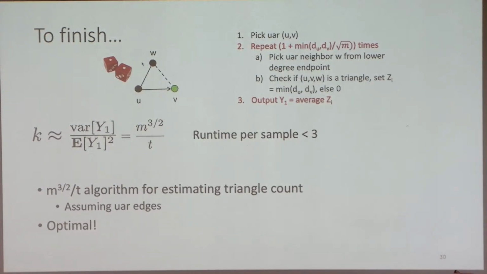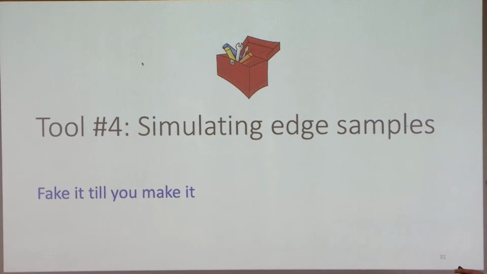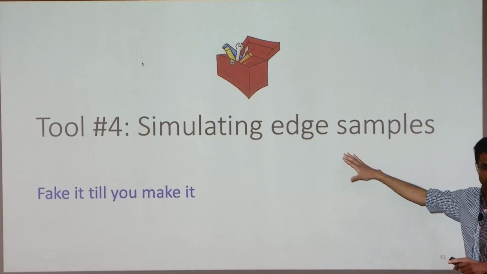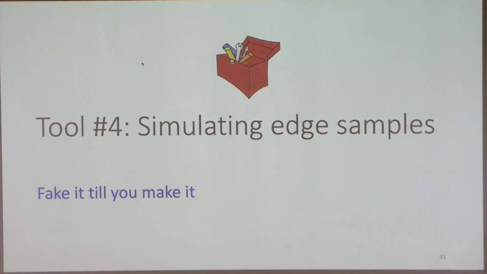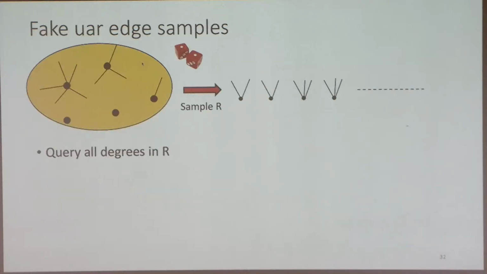I will not give you the full details on this, but I'll just show you one slide on the fourth tool, which is what I call fake it till you make it, which is how do you simulate these uniform at random edges? So let me give you a procedure that's going to simulate uniform random edges using uniform at random vertices.